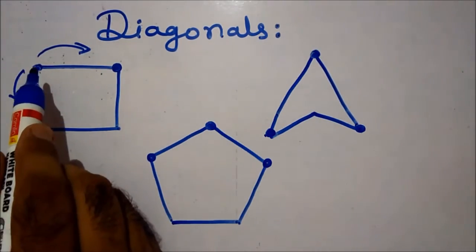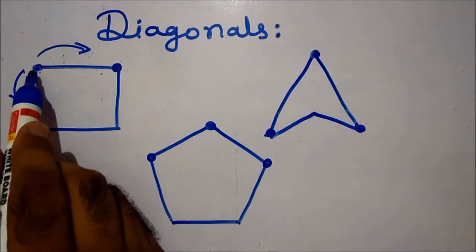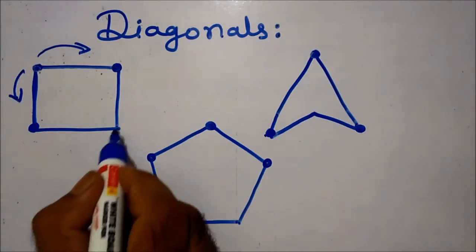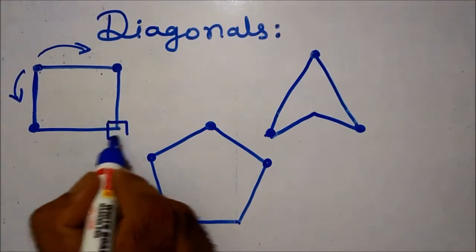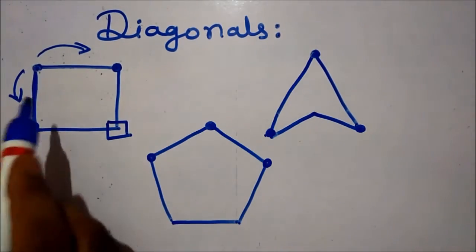So which vertex is non-consecutive in nature with this vertex? This is the non-consecutive one with reference to this vertex.